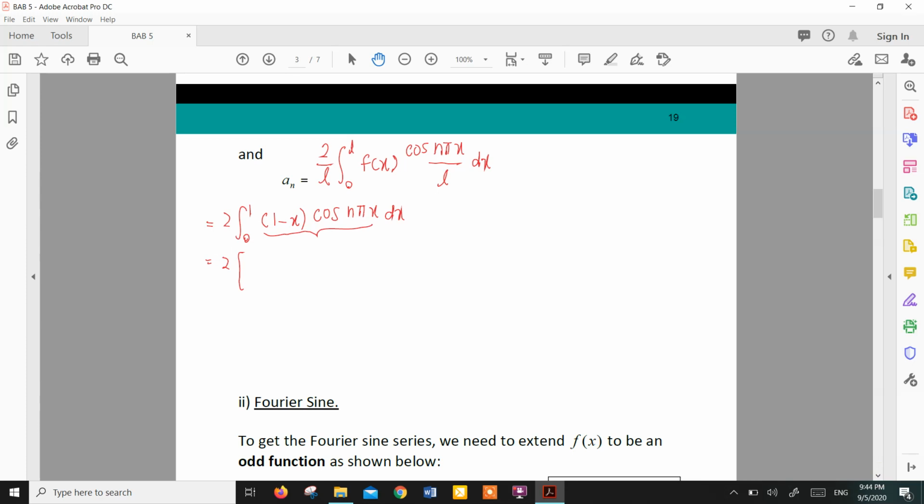By using the tabular method, you will get (1 minus x) sine(n pi x) over n pi, minus cos(n pi x) over n squared pi squared, okay, from 0 to 1. And then you substitute in the values.